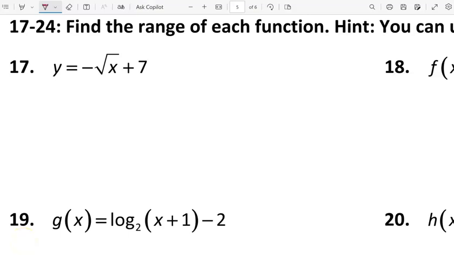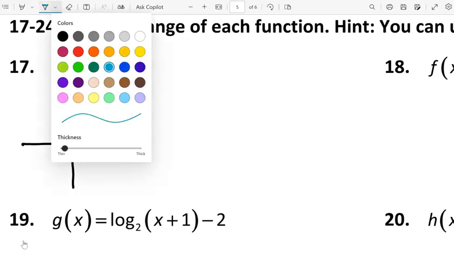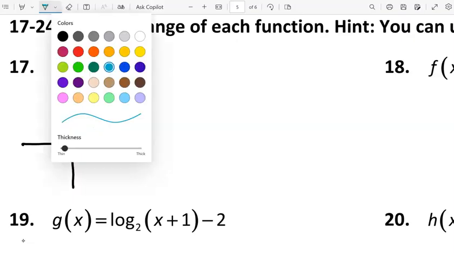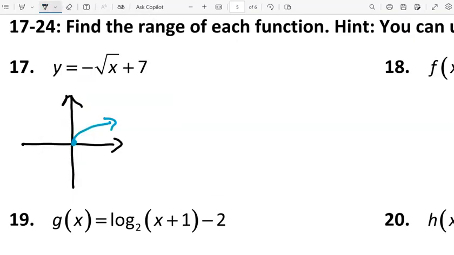In 17 through 24, we're finding the range, and the suggestion is to find the range by using transformations. The parent function here is y is equal to the square root of x, which is going to look like that. And the transformation is a vertical flip and movement up 7.